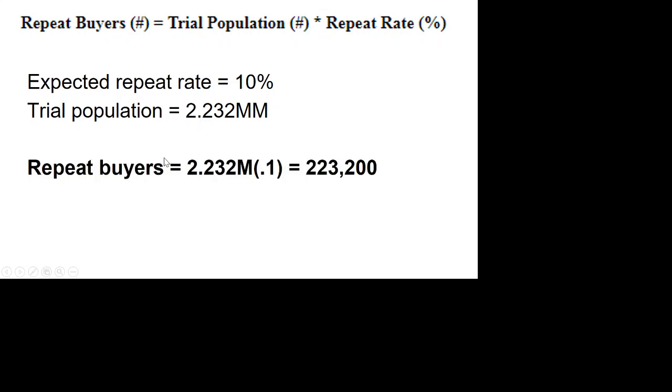Our trial population we already looked at was 2.232 million people. So that gives us the number of repeat buyers of 223,200. Okay, we know that repeat buyers buy 4 units per purchase instead of 1 unit per purchase.